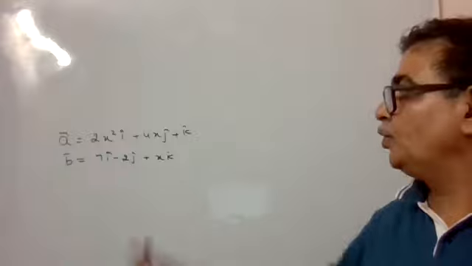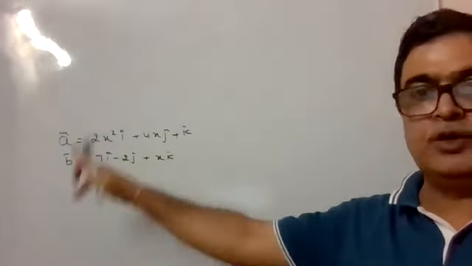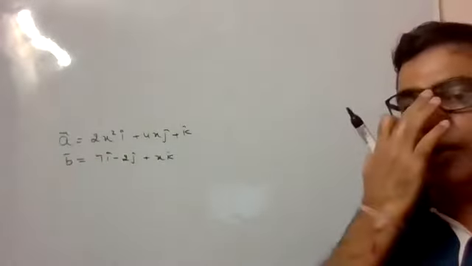We have to find out what is the value of x if the angle between these two vectors is an obtuse angle.